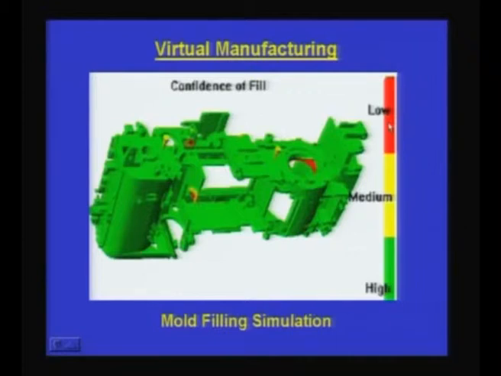Now, this gives a situation where there is a need for redesigning this part or changing the manufacturing process parameters, such as increasing the injection pressure, so that this problem can be avoided.